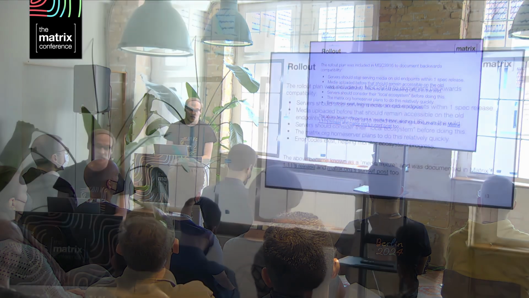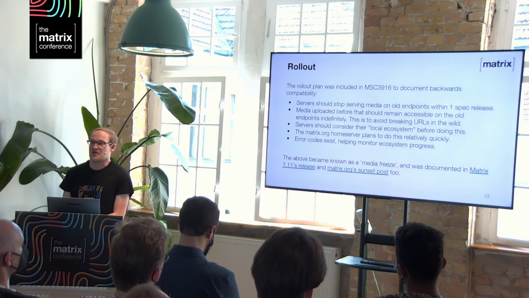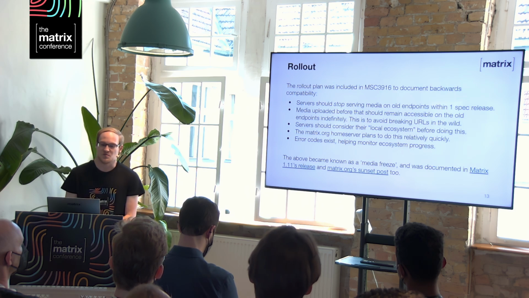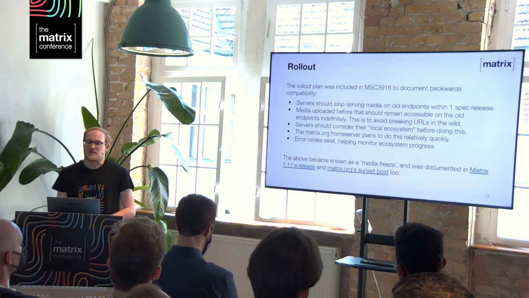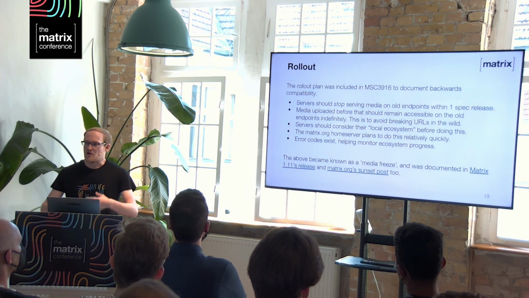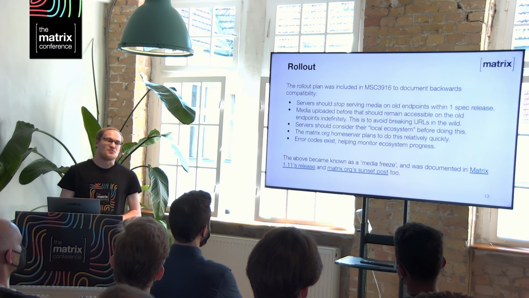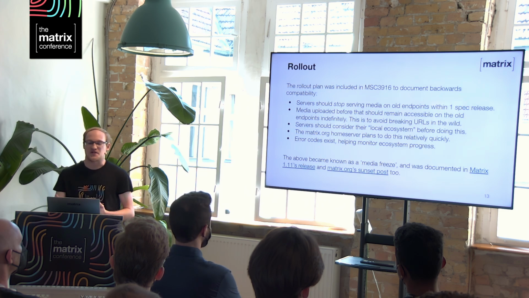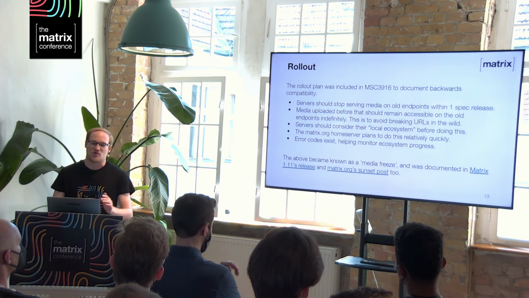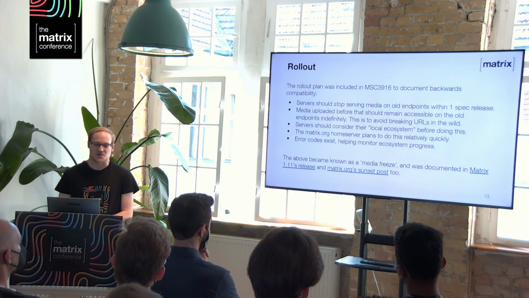We made sure to note that in the actual MSC, so other people had an idea of what one of the largest servers in Matrix was considering. And then finally, yeah, there are just error codes in the actual MSC, so we could actually track how people were adopting this. We could use matrix.org to see whether or not the date needed to move, and just overall see what was kind of going on in the ecosystem.